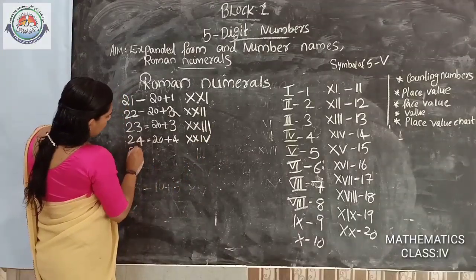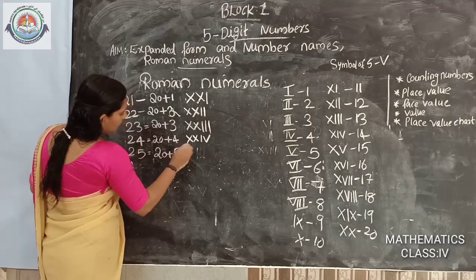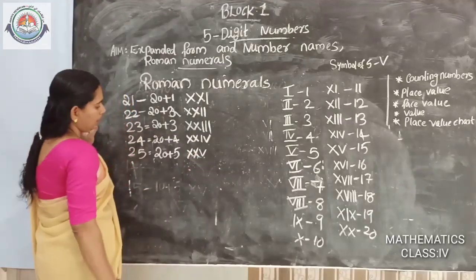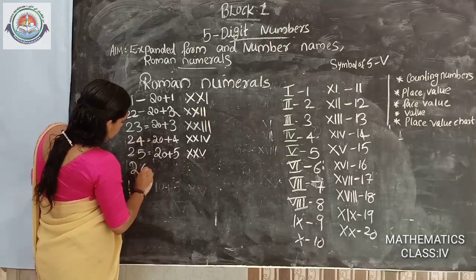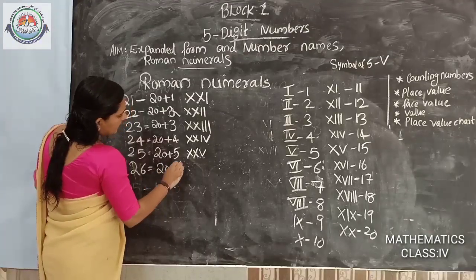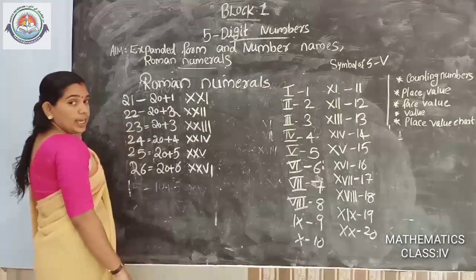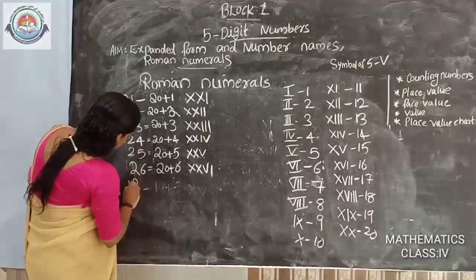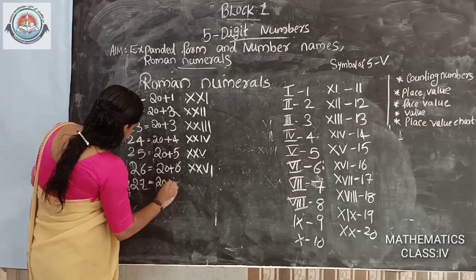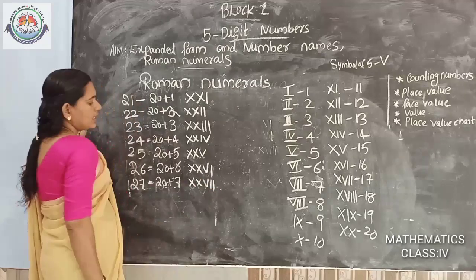Okay. 25: 20 plus 5, the symbol of 20 and symbol of 5. 26: 20 plus 6, symbol of 20 and symbol of 6. 27: 20 plus 7, symbol of 20 and symbol of 7.